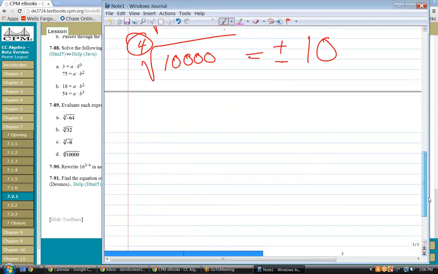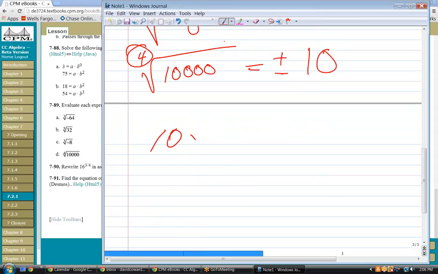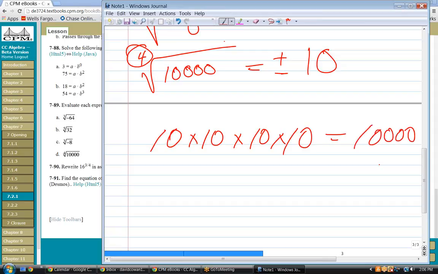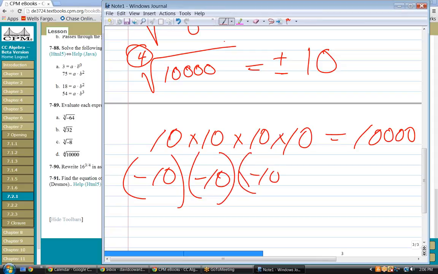Notice that 10 times 10 times 10 times 10 is equal to 10,000. Also, minus 10 times minus 10 times minus 10 times minus 10 is also equal to plus 10,000.